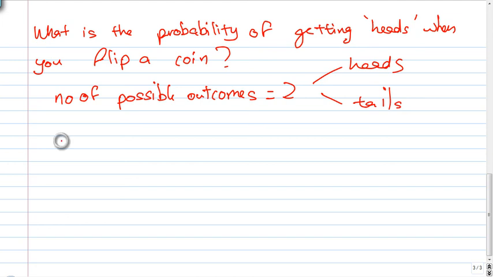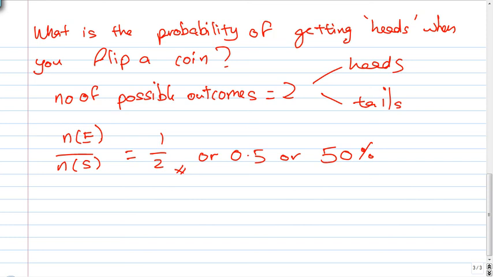So the number of favorable outcomes in event E over the number of possible outcomes in sample space S is 1 over 2, half. So that's your answer. Probability is usually written as a proper fraction. It can also be represented as a decimal, no problem.